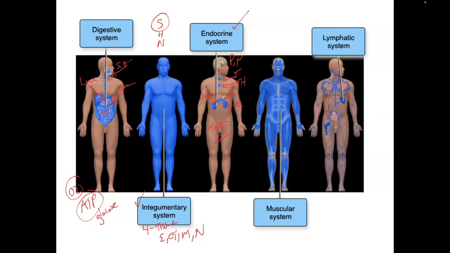And what you'll notice is that although the testes and the ovaries are part of the reproductive system, they're also an integral part of the endocrine system because they make hormones. And although the kidneys are part of the urinary system, they have secretory cells that produce hormones.